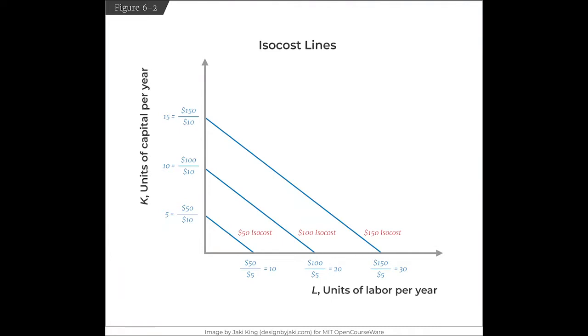For example, take the middle one, the $100 iso-cost. This is saying what combinations of labor and capital cost you $100. Well, with a rental rate of $10 and a wage of $5, that means you could have 10 machines and no workers, or 20 workers and no machines, or some combination in between.